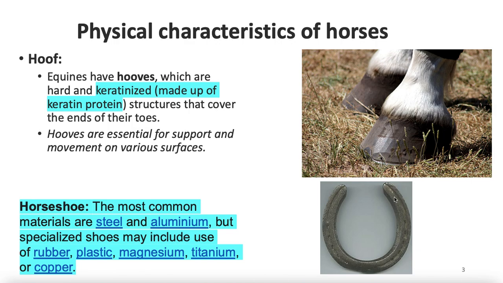And this is the horseshoe. It's normally made up of steel, but other materials, for example aluminium, and now as these horses are also used in recreation and sports, rubber and plastic, magnesium, and other metals are also used to make the horseshoe as well.